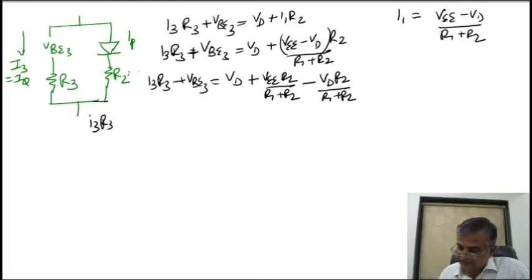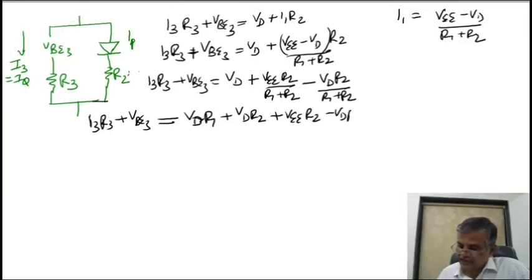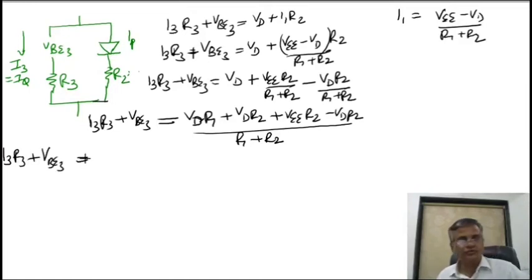Taking the LCM, I3 R3 plus VBE3 is equal to VD into R1 plus VD into R2 plus VEE R2 minus VD R2 upon R1 plus R2. You can see here, this VD R2 term is cancelled.